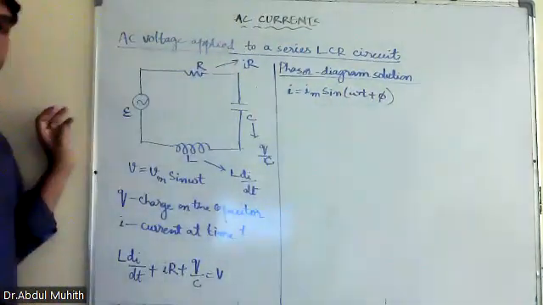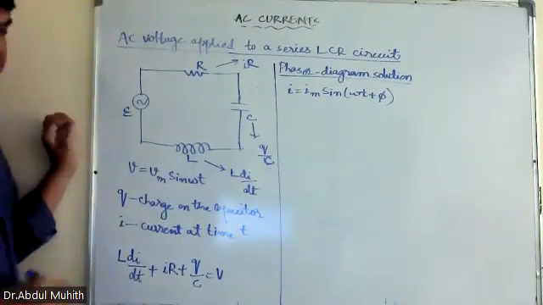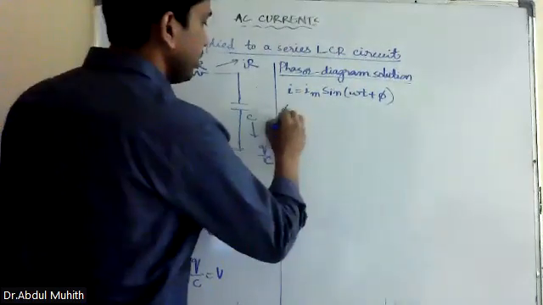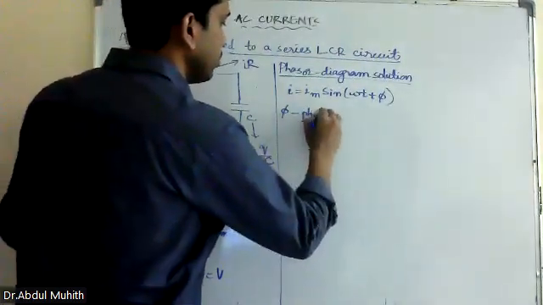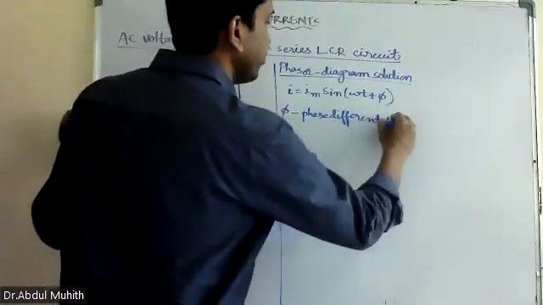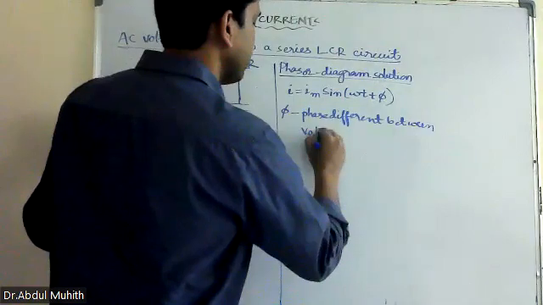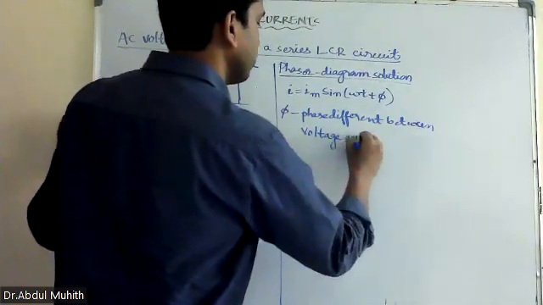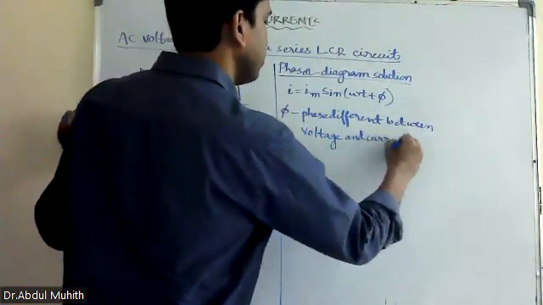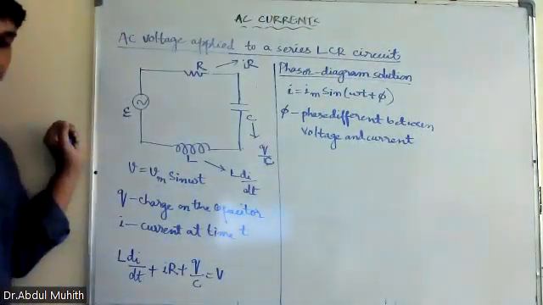Phi is the phase difference between voltage and current.